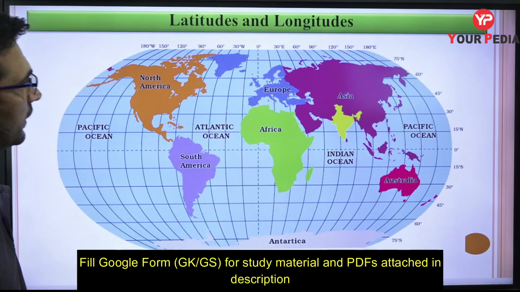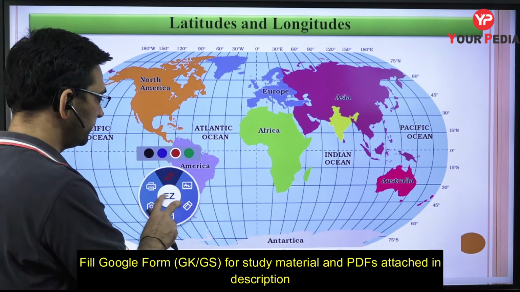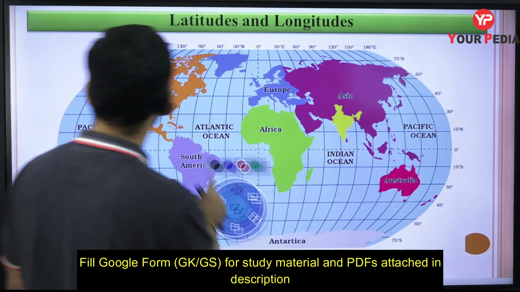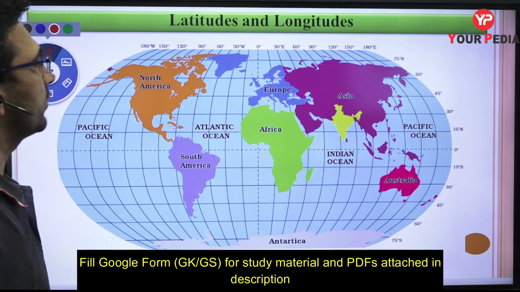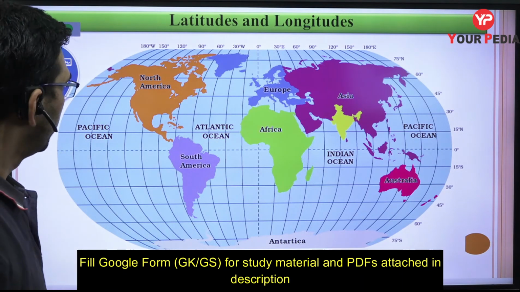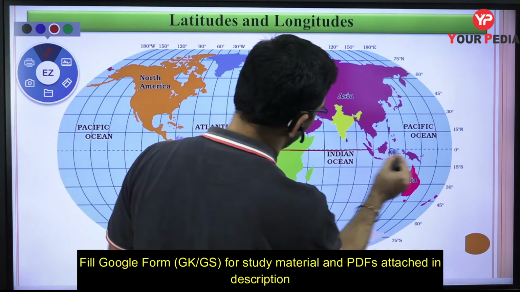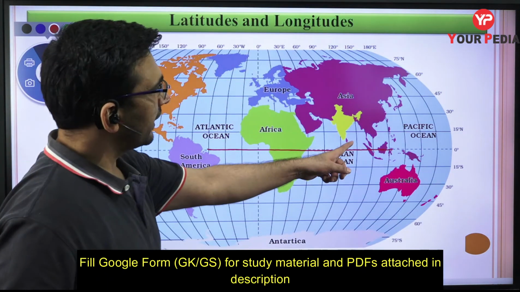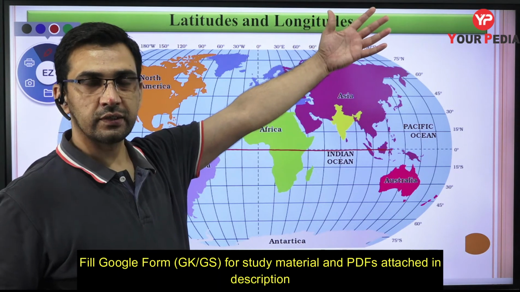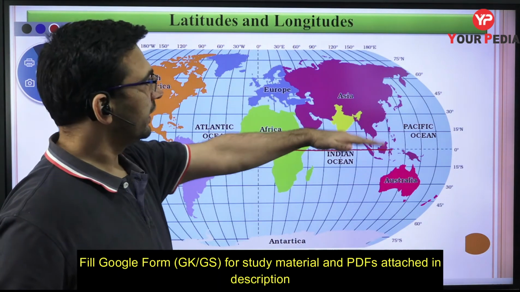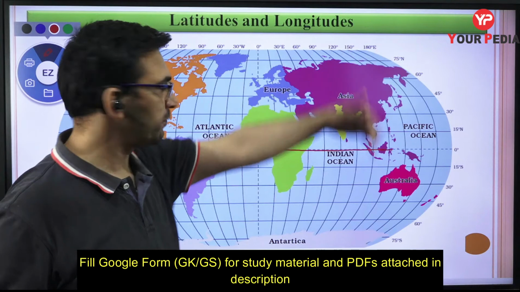Now here you can see the location of India in terms of latitudes and longitudes. This is the equator, and India lies entirely to the north of the equator. So we can say India is in the northern hemisphere.